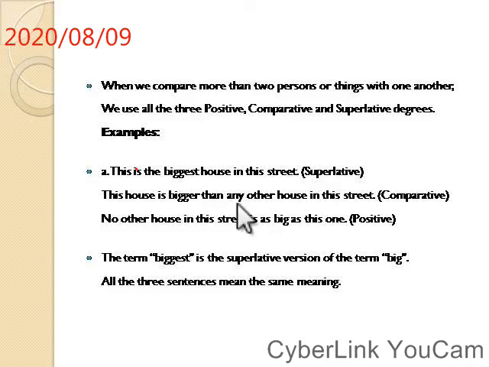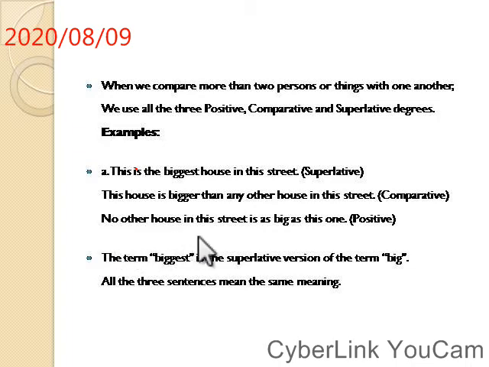Mind you, any other. This is very important. Any other, many other. There is a lot of difference between any other and many other. Please mind it. Please remember this. Any other, many other. There is a difference.